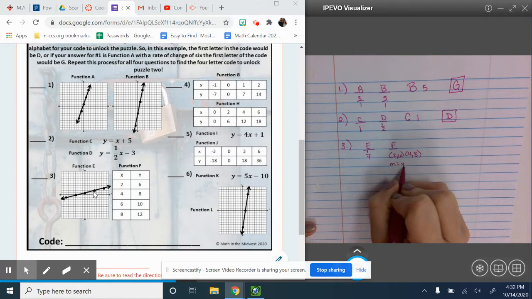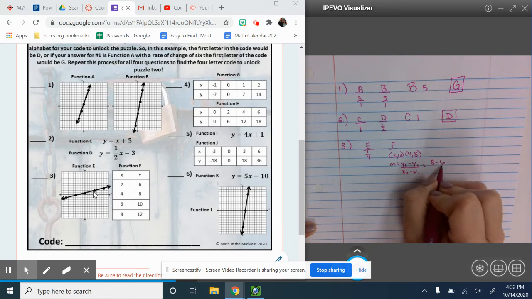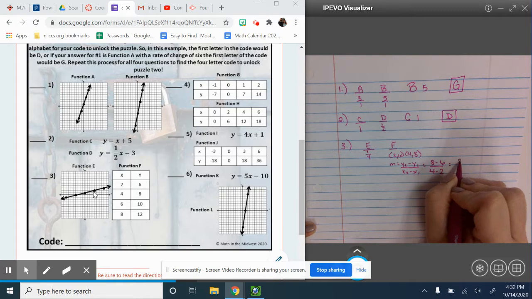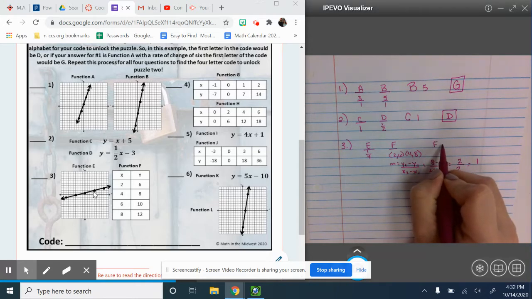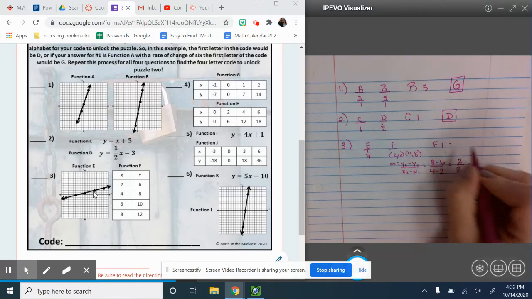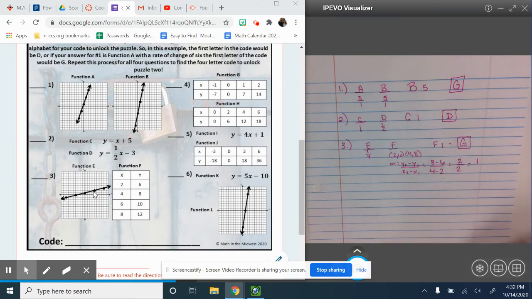So m equals y2 minus y1 over x2 minus x1, which gives me 8 minus 6 over 4 minus 2. So we get 2 over 2, which is 1. So my slope for F is 1. Which one is larger? F is larger by 1. So one letter past F will give me G.